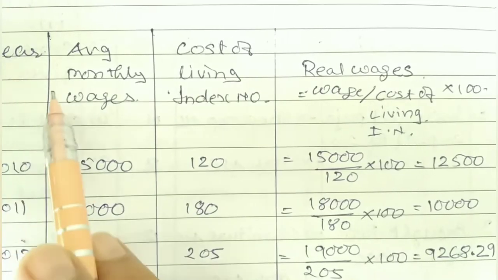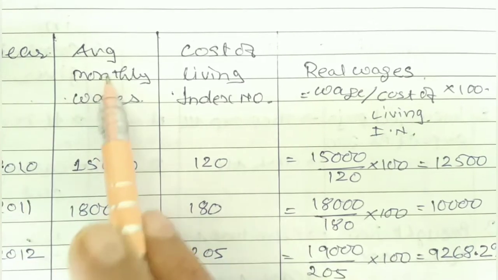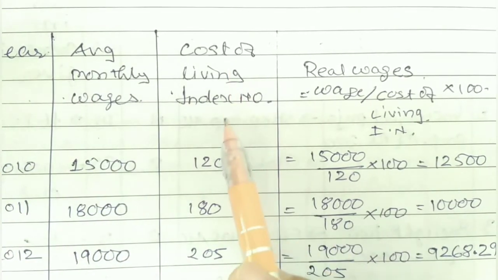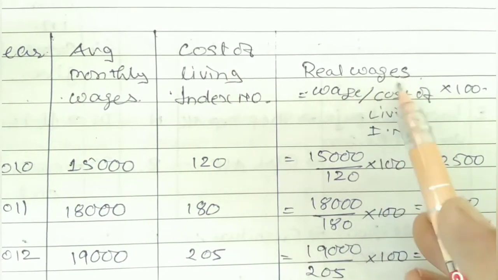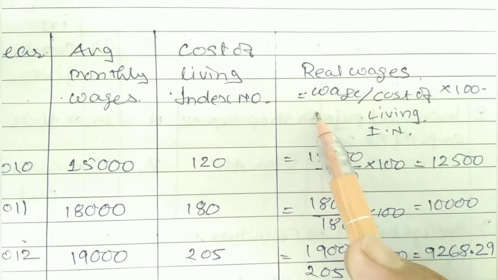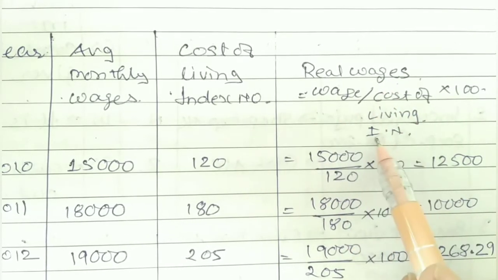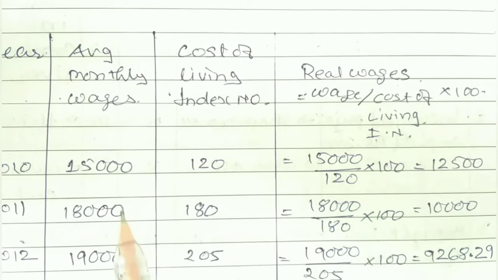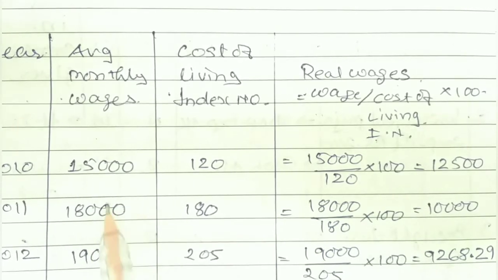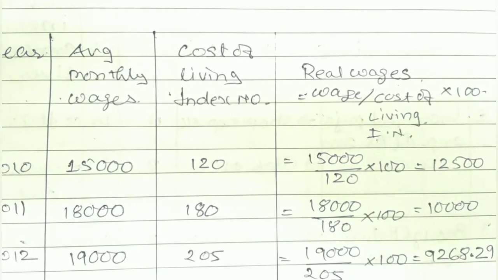Let us see the calculation. First column is year, then average monthly wage, cost of living index number and real wage. The formula of real wage is wage upon cost of living index number into 100. The average monthly wages are 15,000, 18,000, 19,000, 20,000, 22,000, 25,000.